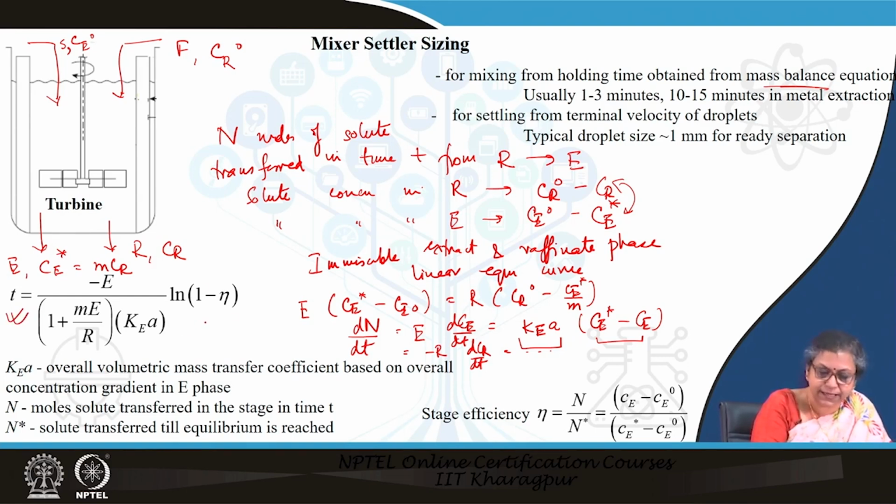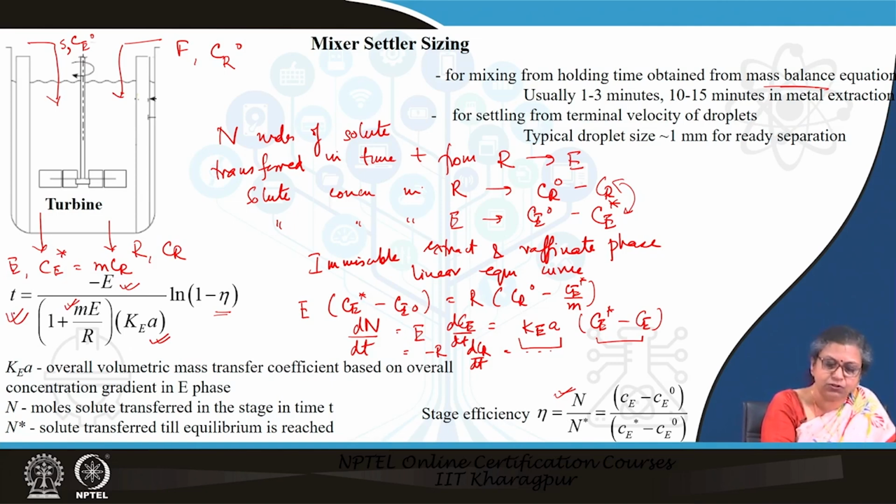We have obtained it in terms of the extract flow rate, the slope of the equilibrium curve, E by R, and the overall mass transfer coefficient, and we have expressed this in terms of a stage efficiency, where the stage efficiency defines the actual amount of solute which has been transferred relative to the amount which would have been transferred had equilibrium been obtained under these conditions. So, using this expression, we can find the holding time.